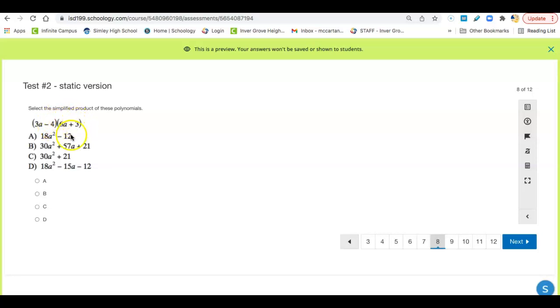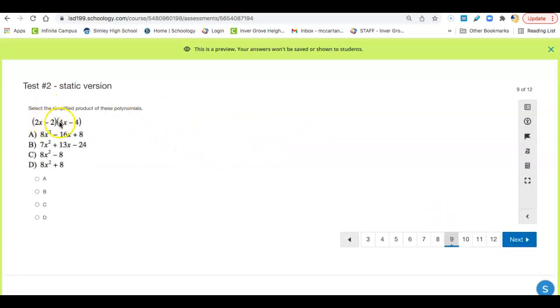Negative 4 times 3 is negative 12. That's the last term. But the middle term is negative 4 times 6 is negative 24. And then 3 times 3 on the outside is 9. So 24 minus 9 is 15, and it's going to be a negative. There it is.